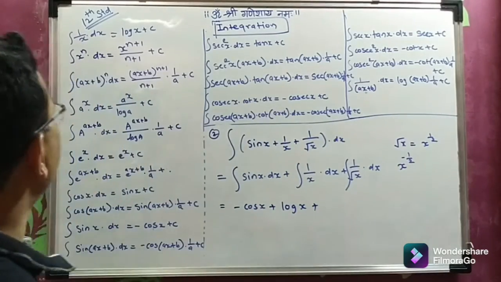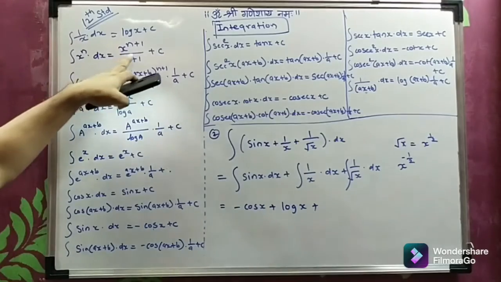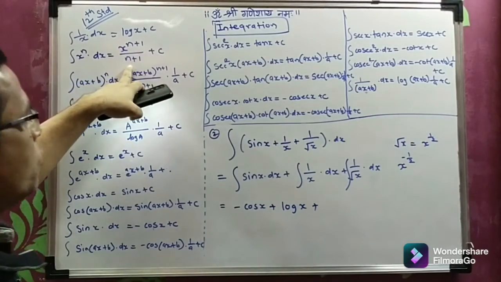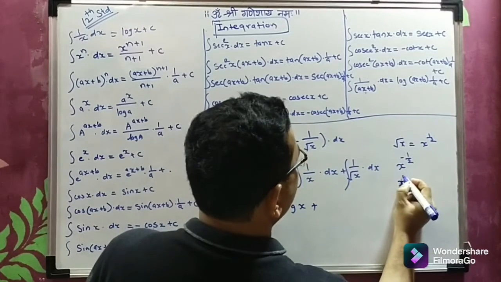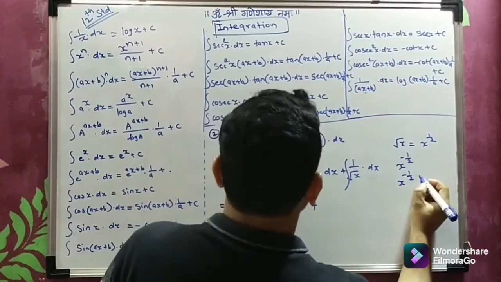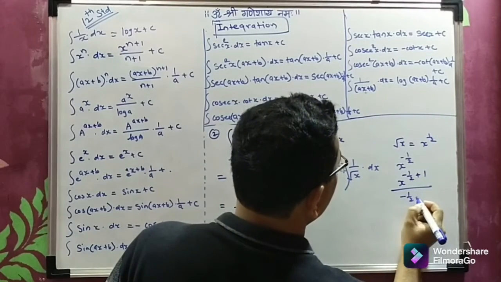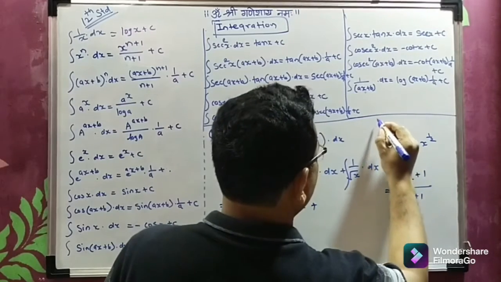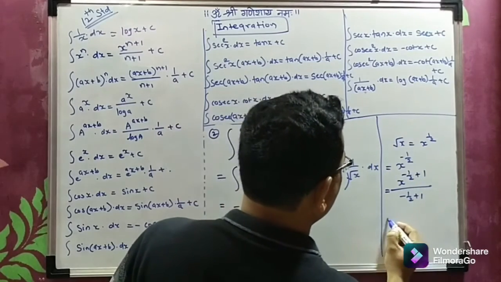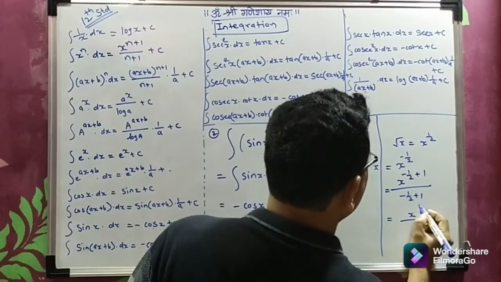And what is the formula for integration of x raised to n? Here the formula is x raised to n plus 1 divided by n plus 1. So here the answer will come x raised to minus 1 by 2 plus 1, divided by minus 1 by 2 plus 1. So what will the answer be?